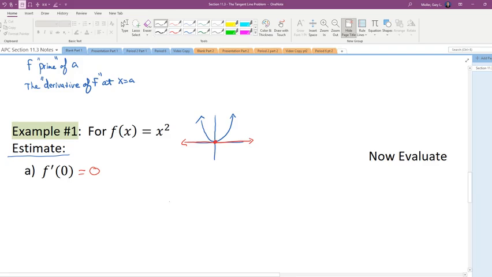So we know, I'll go ahead and just write it right here, f prime of 0 equals, and since we haven't really done one of these yet, let's write it out. F prime of A, we know, is asking us to take the limit as x approaches A of the function f of x minus the value at A over x minus A. All right, so in our case, we're doing the derivative at 0.